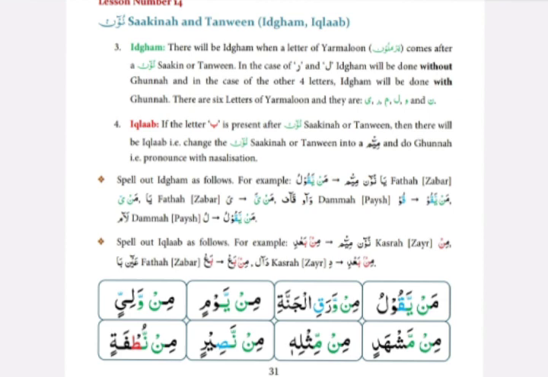Look at the next box, the second box in the same line, line 1. You can see Noon Sakin in this box, and after Noon Sakin, Waw is coming. And Waw is from Yarmalun letters, so Idgham will be done even in this word, and you have to read Noon Sakin with Gunna.